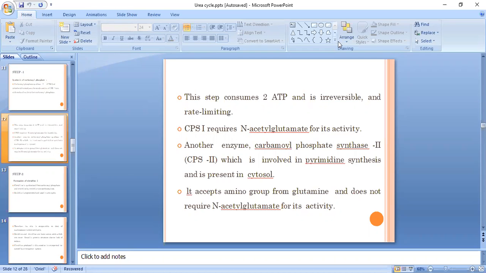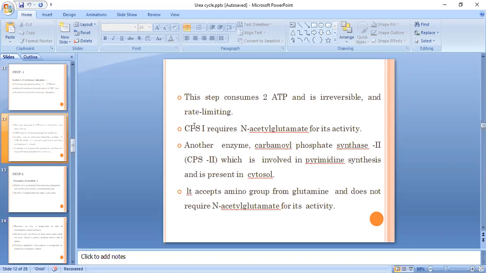And this CPS1 requires N-acetyl glutamate for its activity. CPS1 is very much essential because it catalyzes the reaction of ammonium ions with carbon dioxide, and it also requires 2 ATP molecules.